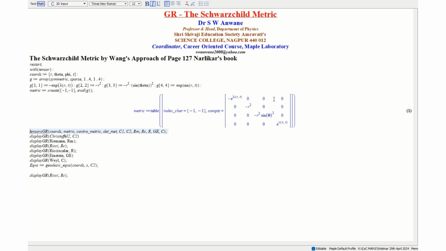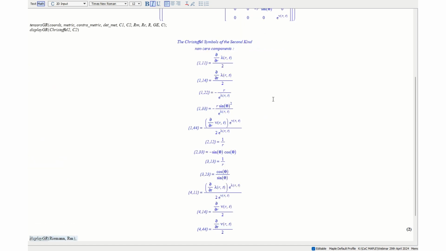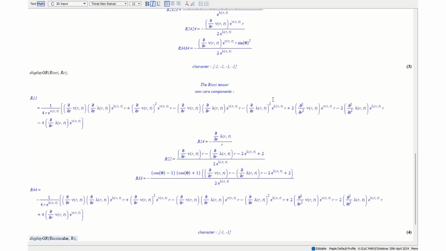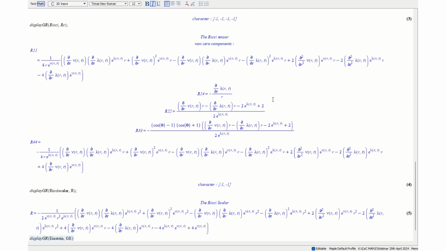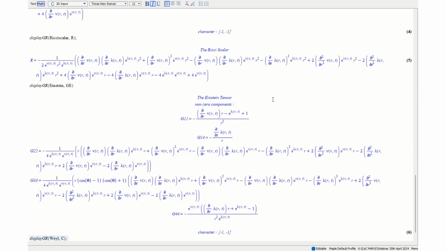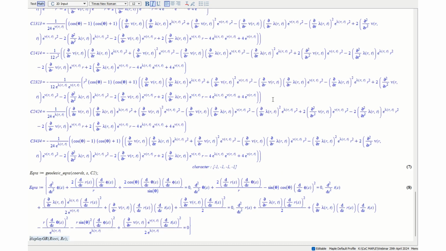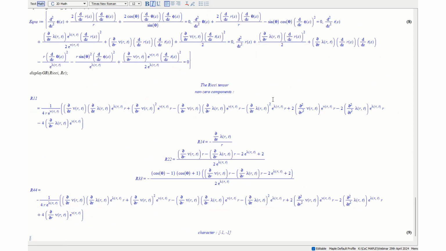This is not a static solution. So Christoffel symbol of kind 2, then the Riemann tensor you can see on your screen, the Ricci scalar you are observing on your screen, then I'm going to run the command for the Einstein tensor GE, and then the Weyl tensor, and then the geodesic equation, and the Ricci tensor.